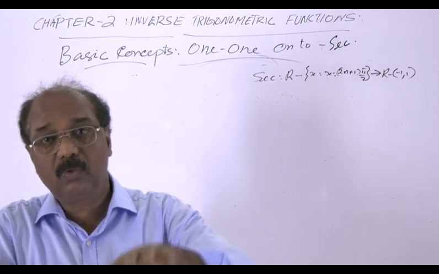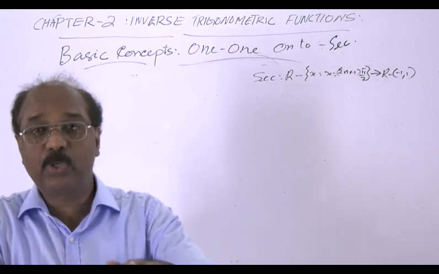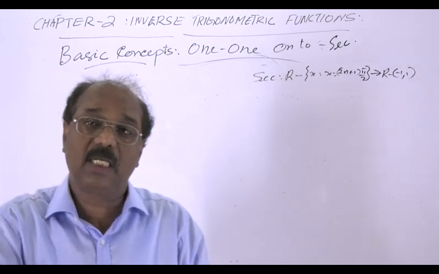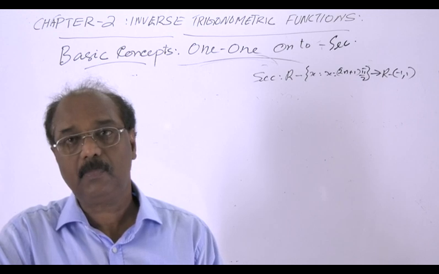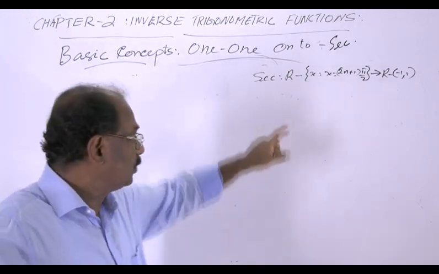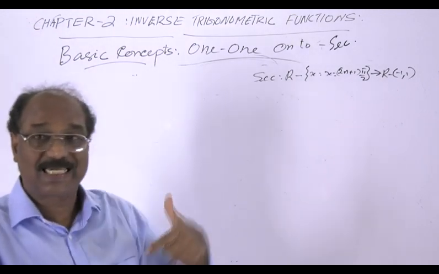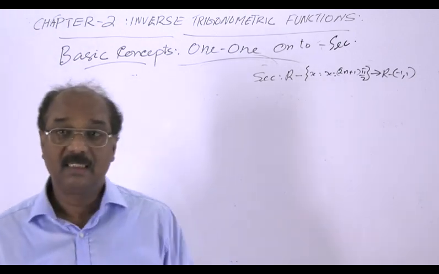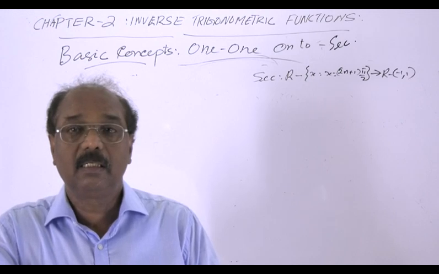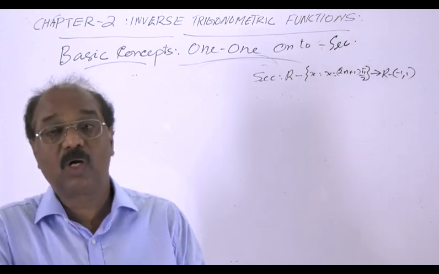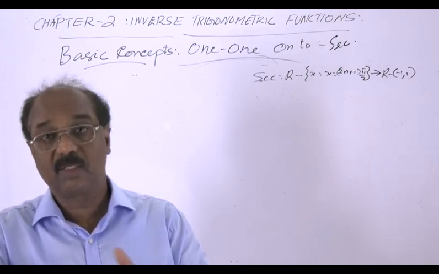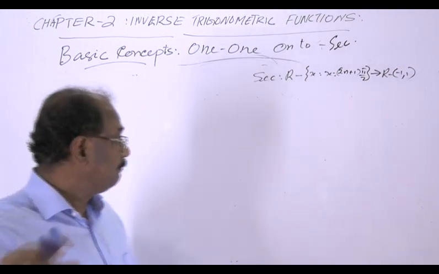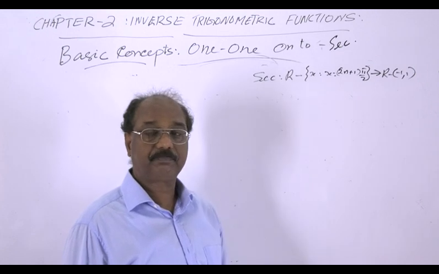The points minus 1 and 1 are not excluded, but the interval between minus 1 and 1 is excluded. Now this is not one-one, so we want to restrict the domain so that this secant becomes one-one in the restricted interval. For this, consider the domain and the range.